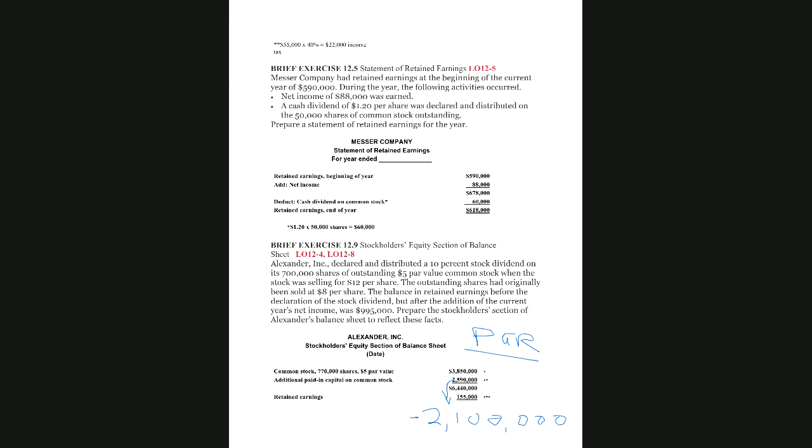Joshua, if I ask you on an exam what the term capitalized means for retained earnings, when you have a stock dividend, what happens to the retained earnings? The retained earnings gets capitalized or reduced. Very good. You reduce retained earnings, but at the same time you're increasing the capital accounts, the common stock accounts.